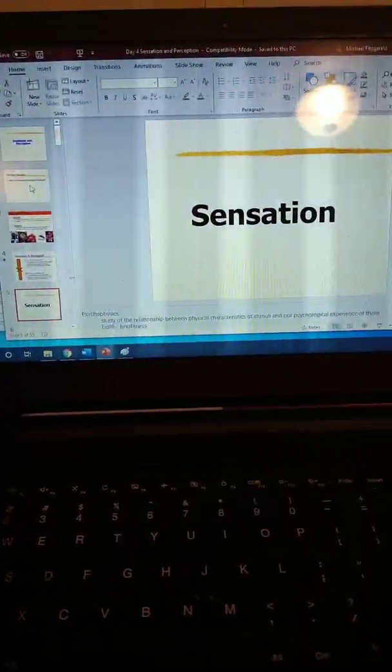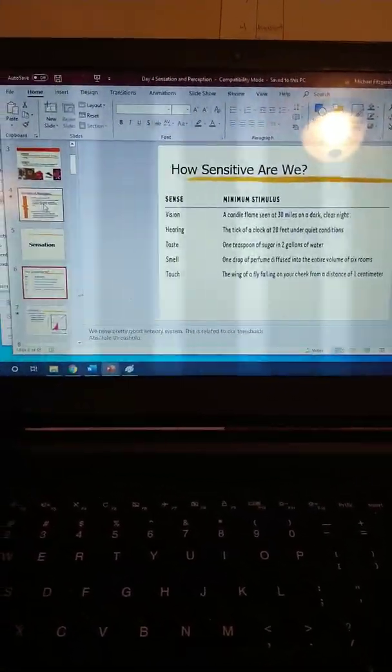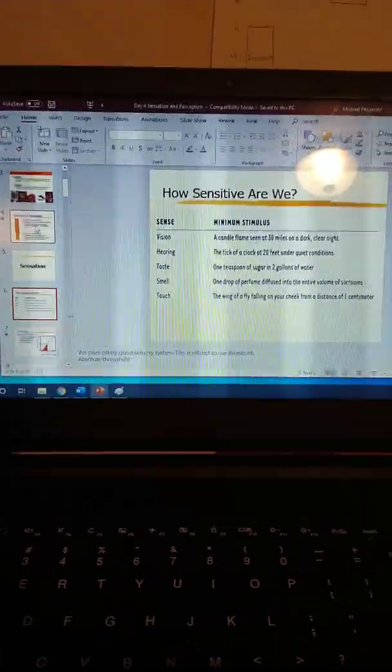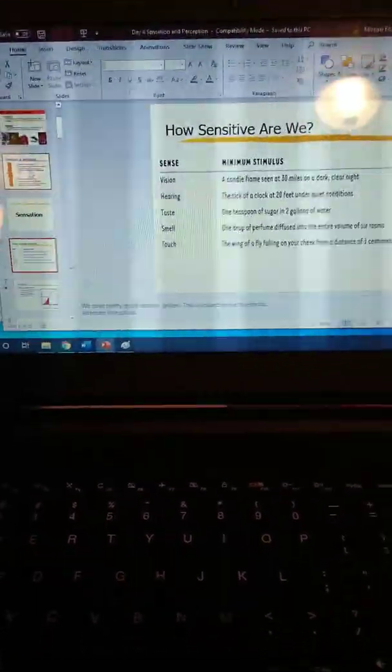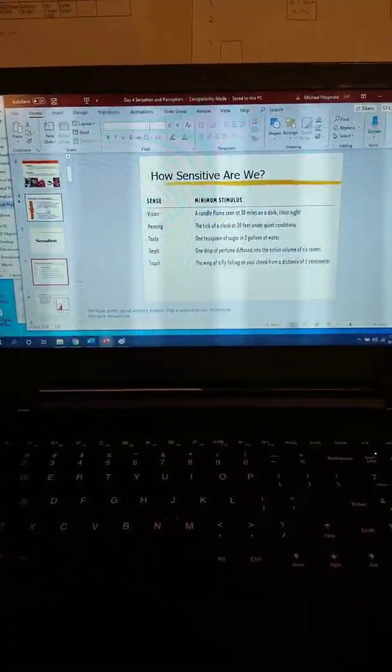Okay, so let's talk a little bit about sensation. This is just showing you how sensitive we as humans are to different types of stimuli. We are very good at picking up on things for each of our senses.